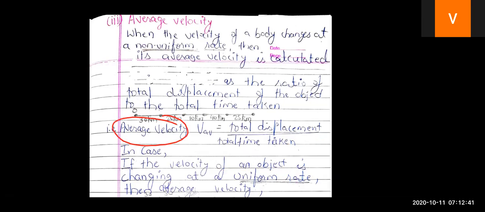Average velocity, which is denoted by VAV, is total displacement upon total time. Now this formula for average velocity you can apply only when your velocity is changing at a non-uniform rate. It should not be uniform. If it is uniform, then you can simply add the initial and final and divide by 2, right?